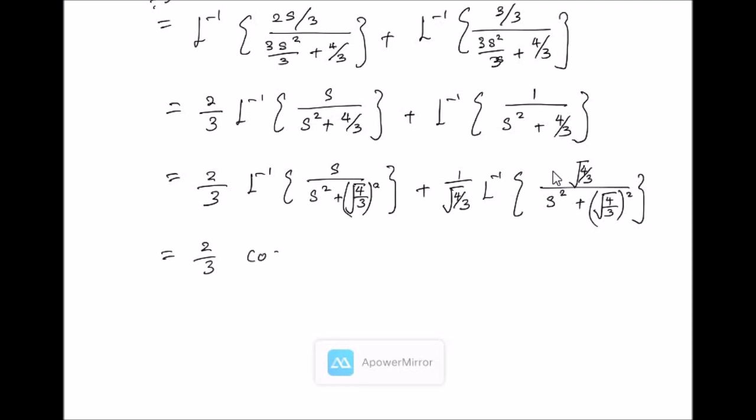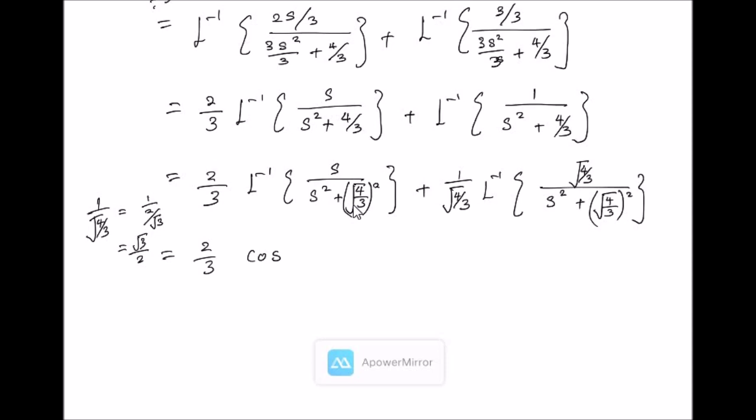This one is a cos. And this part we can simplify into 1 over the square root of 4 over 3, which is equivalent to 1 over 2 over the square root of 3, and this is equivalent to square root of 3 divided by 2.